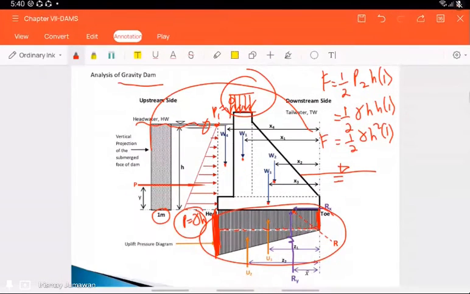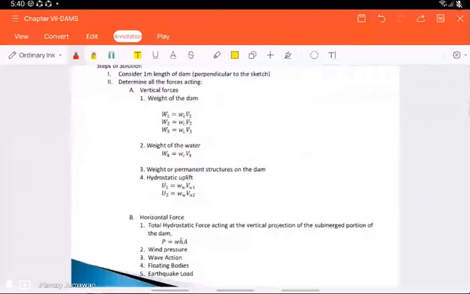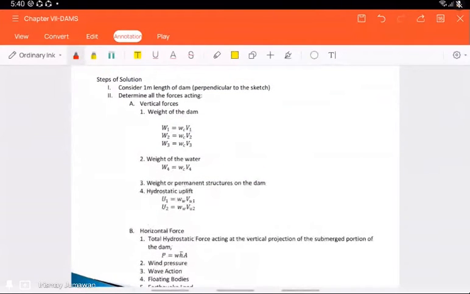Okay, so these are the steps. You need to determine the weight of the dam. You have the properties of fluid, that is equal to specific weight of water times, sorry, it's not water, the specific weight of the material.